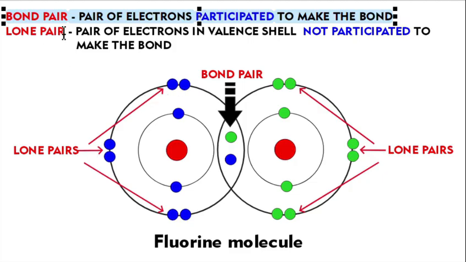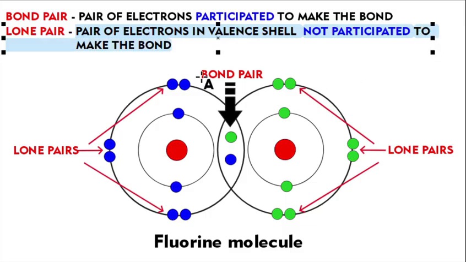Look at the outermost shell in this fluorine and the next fluorine. In the outermost shell there are pairs of electrons that did not participate in making the bond. The electron pairs that are not participating in making the bond are called lone pairs.